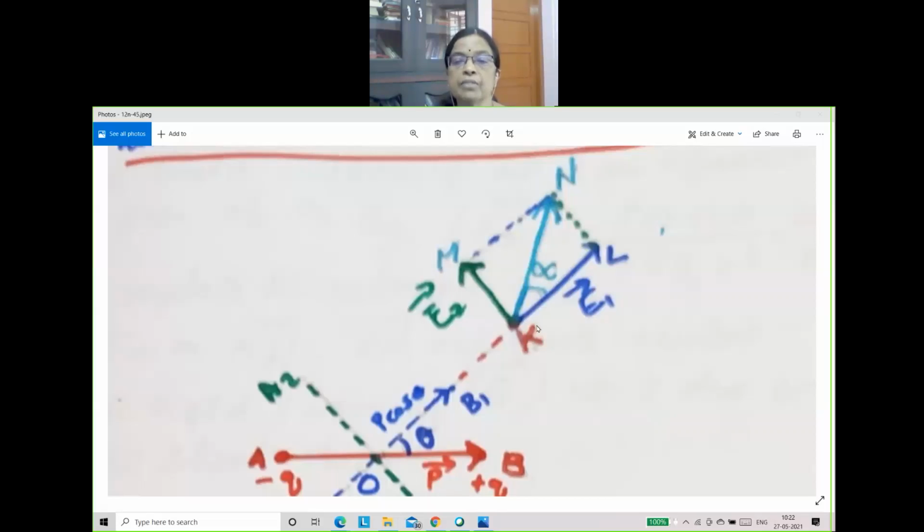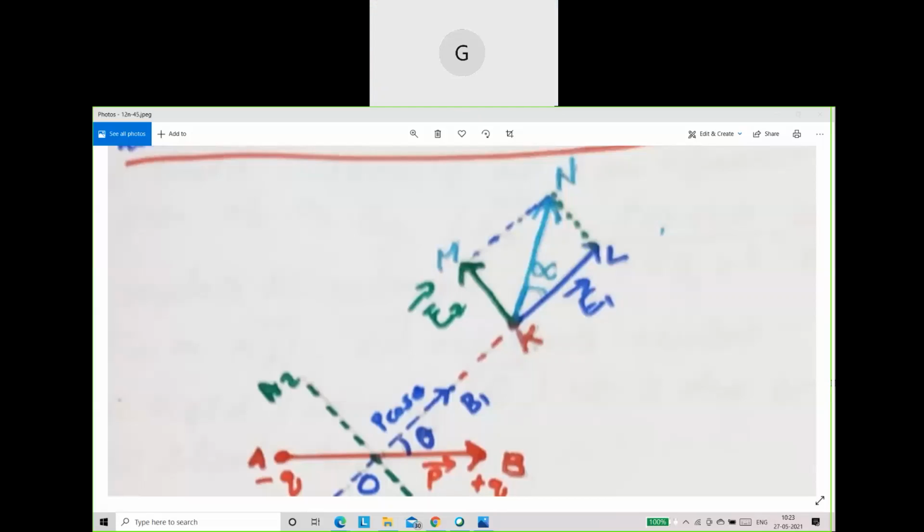Gautam? 90 degree. So the equation becomes square root of E1 square plus E2 square plus 2 E1 E2 cos 90. What is cos 90, Gautam? Why taking too much time for cos 90?